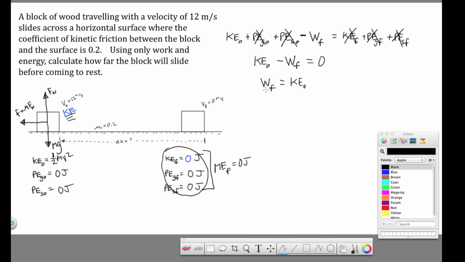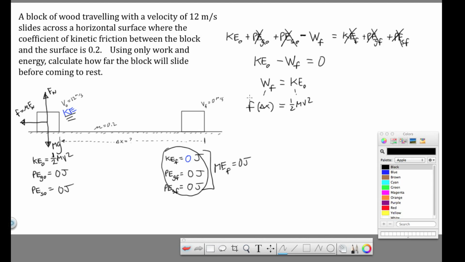Okay, so now what we do is we plug in our equations. The equation for work is force, which is friction, times distance, or displacement, which is delta x. And kinetic energy is 1/2 mv squared. So don't worry, this mass is going to cancel.